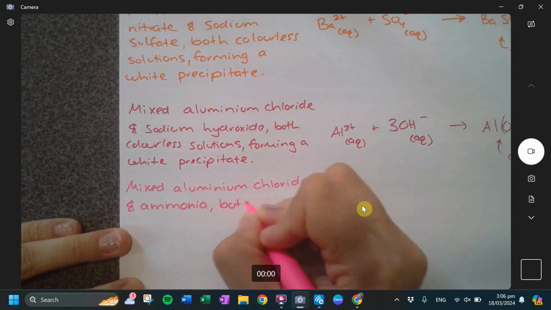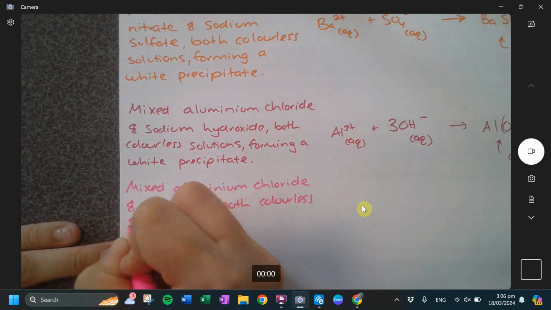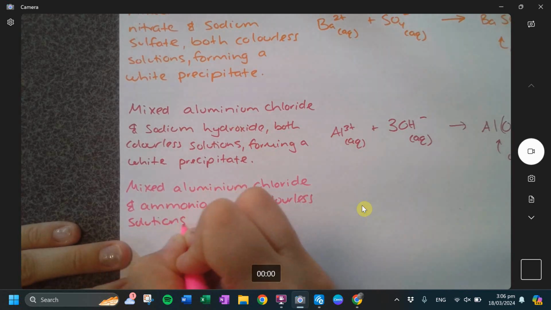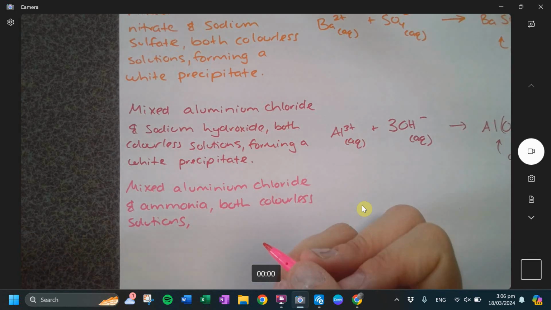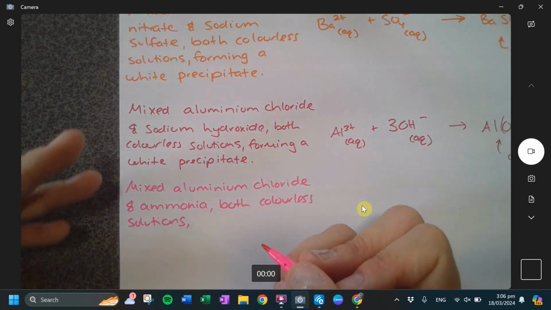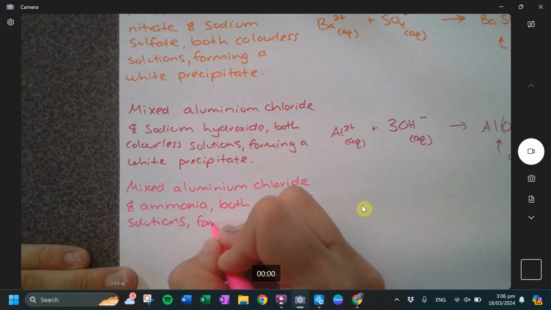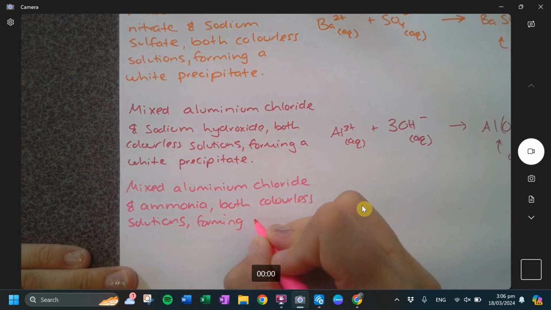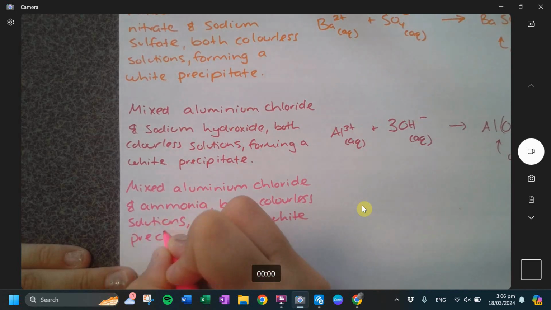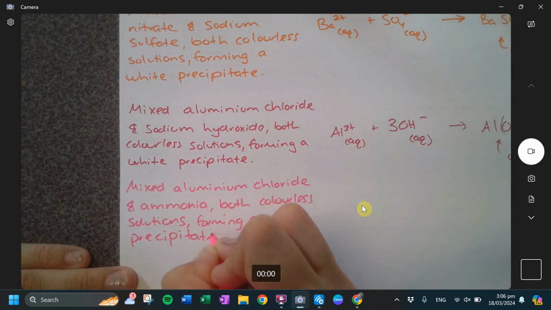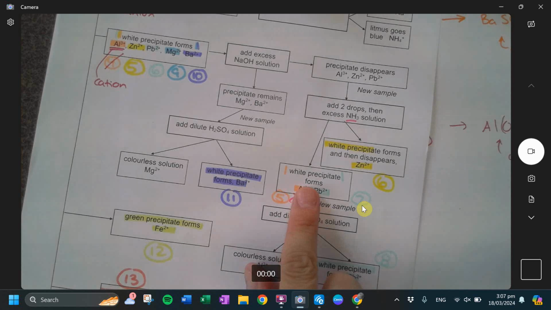Did it form a precipitate? Yes. Sort of, yeah. I would say yes. And it was what color? If it's opaque, it falls under the category of white. And if we're not sure, we can always look at our flow chart. The flow chart says it's white.